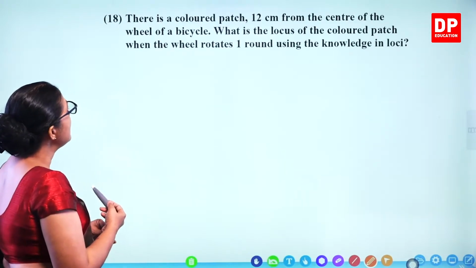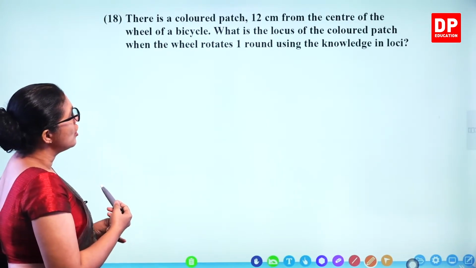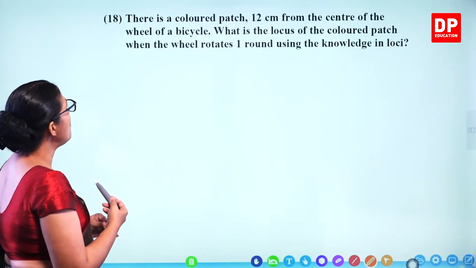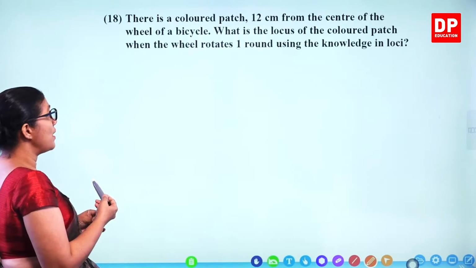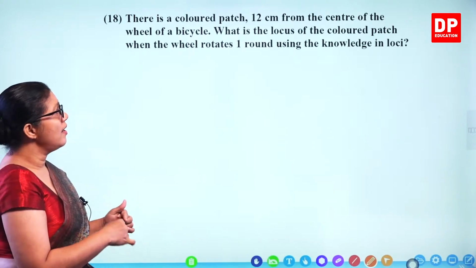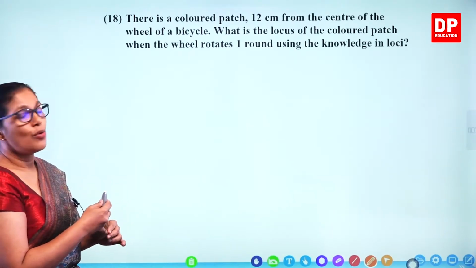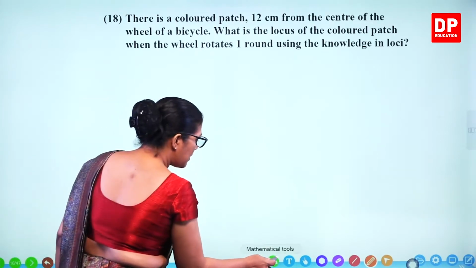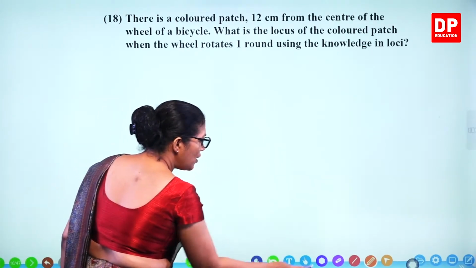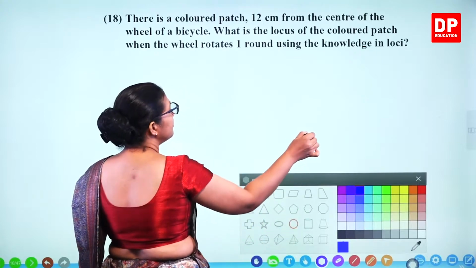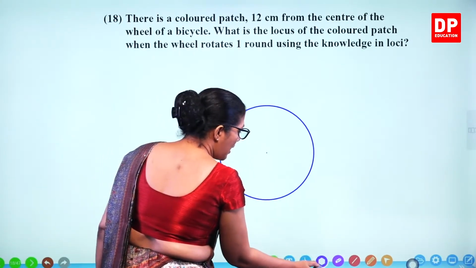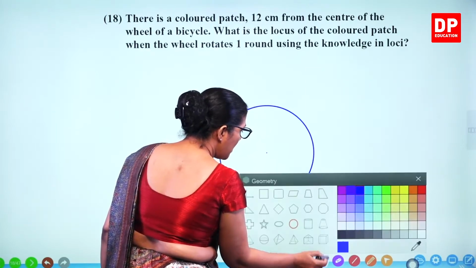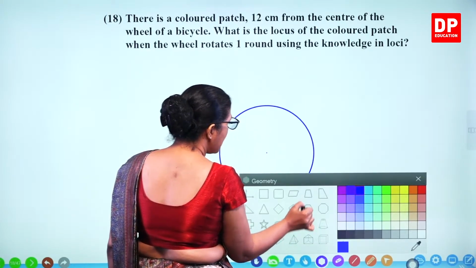Question number 18. There is a colored patch 12 centimeter from the center of the wheel of a bicycle. What is the locus of the colored patch when the wheel rotates one round using the knowledge in loci? So that means, when you take the circle, think about this is the wheel and a patch is there 12 centimeters away from the center.